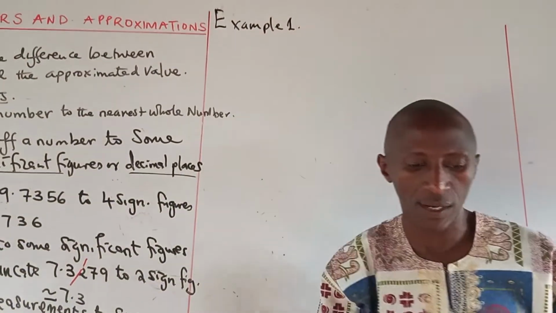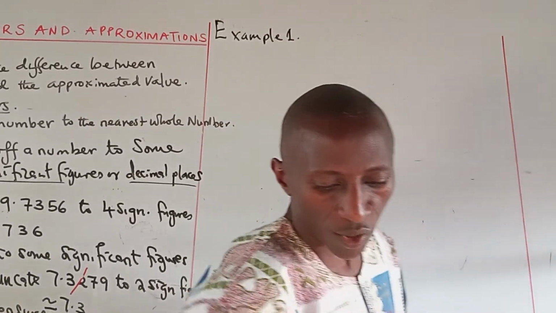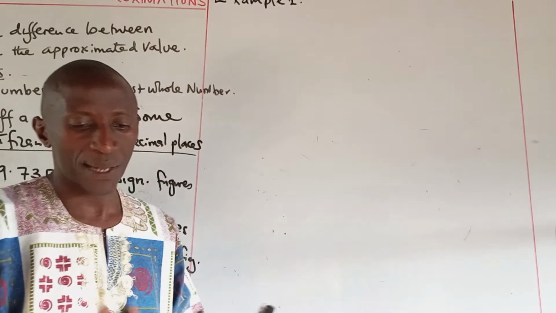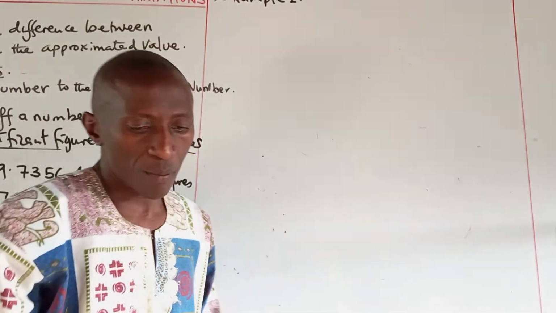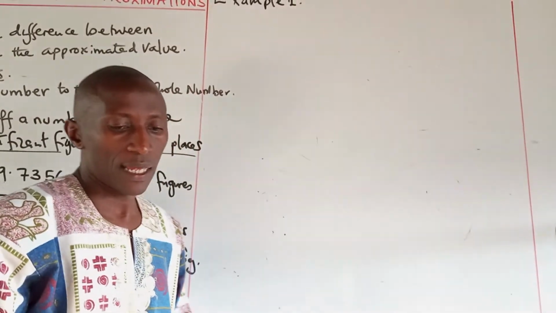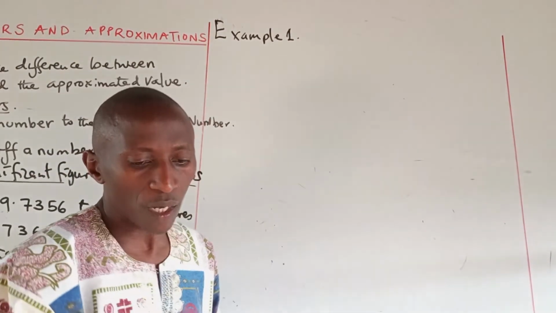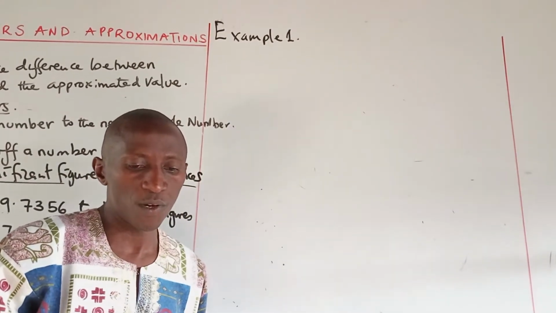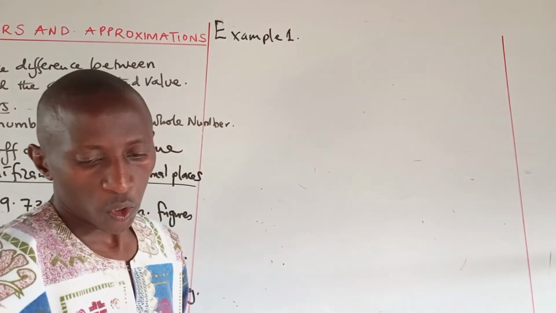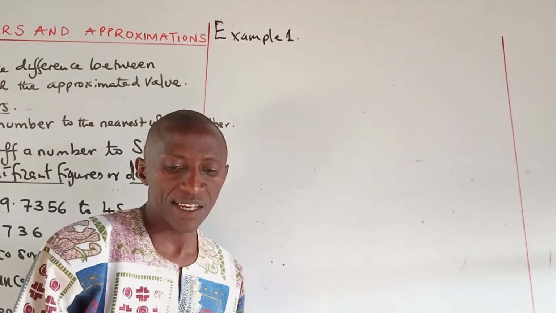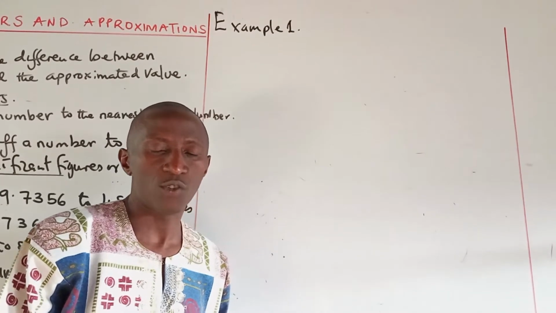In our example 1, we are going to look at error due to rounding off, and we are going to see this one in terms of percentage error. Item number 1 is the number 792 is rounded off to the nearest 100. Find the percentage error due to this.